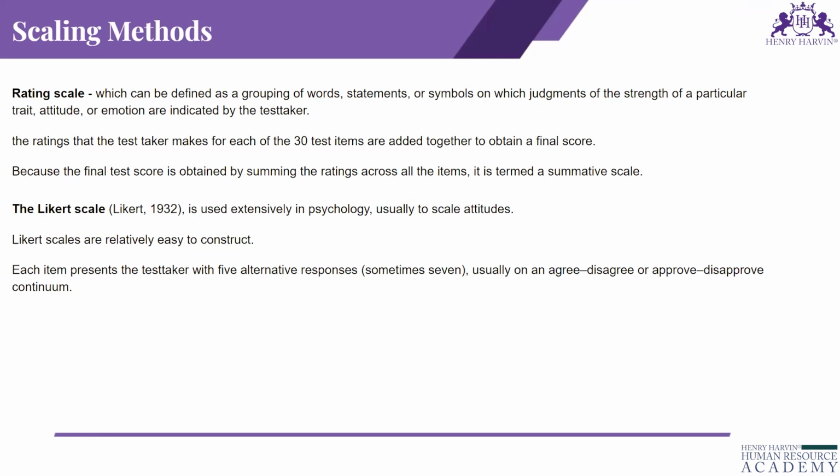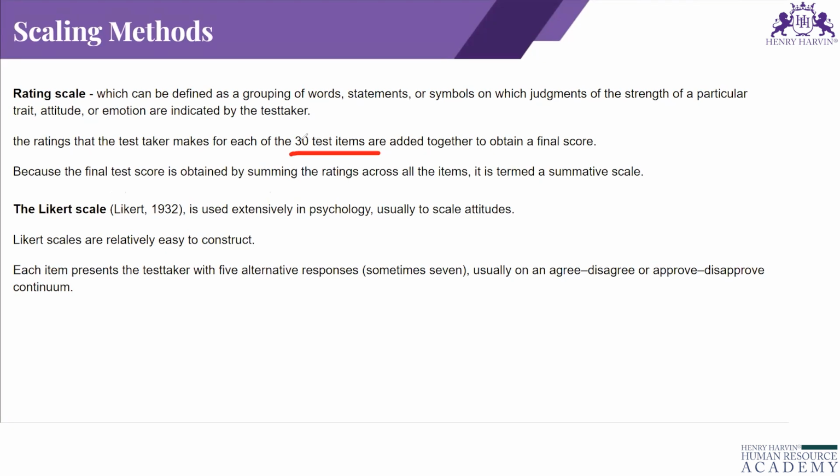So each item will measure something. So let's say there are 30 items, 30 statements, 30 questions. The score of each item will be added, and a final score will be obtained. Because the final test score is obtained by summing the ratings across all the items, it is termed a summative scale. So the rating scale is known as summative because we are doing that sum, adding it.